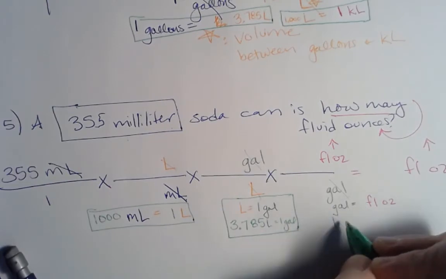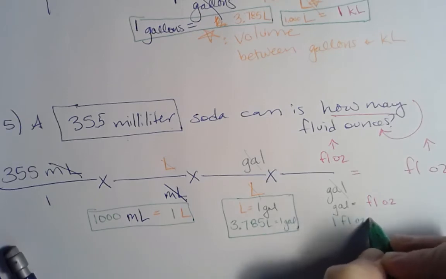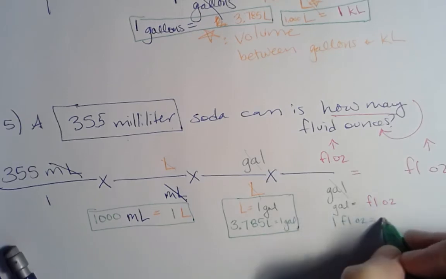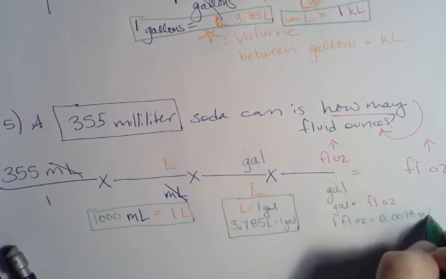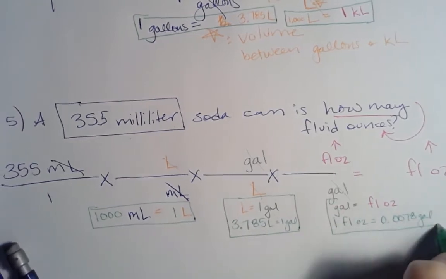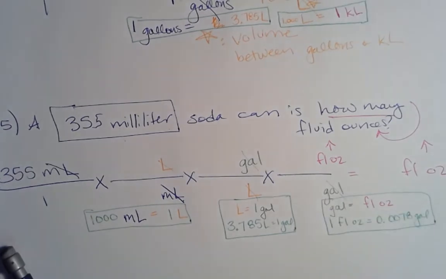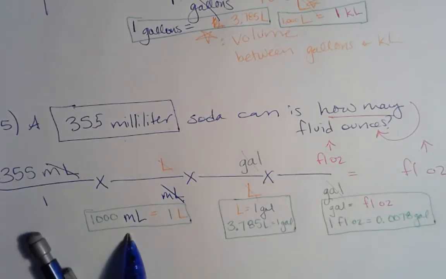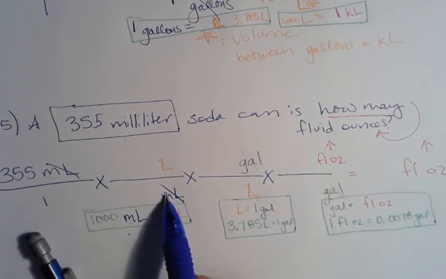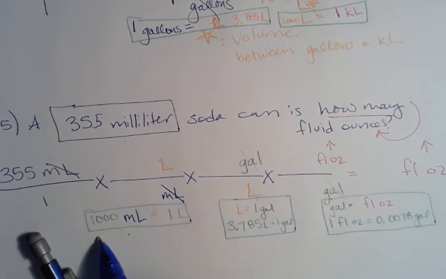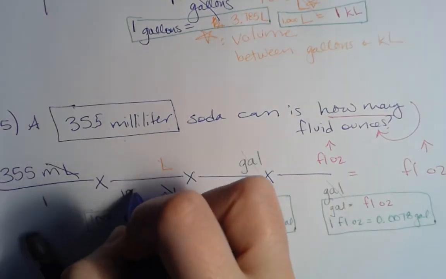We've got 1 fluid ounce is 0.0078 gallons. Okay. Let's get this all together now. Units follow units. There's your milliliter. Your conversion factor number that goes with milliliters is 1,000.